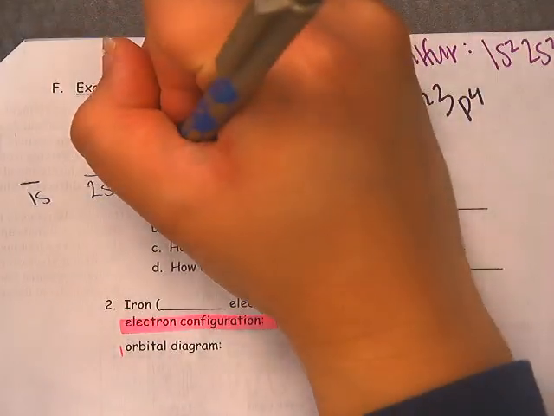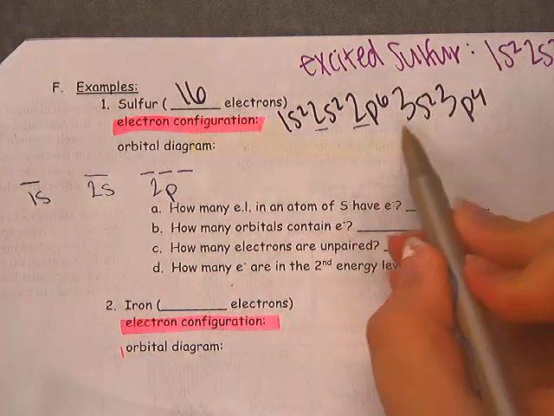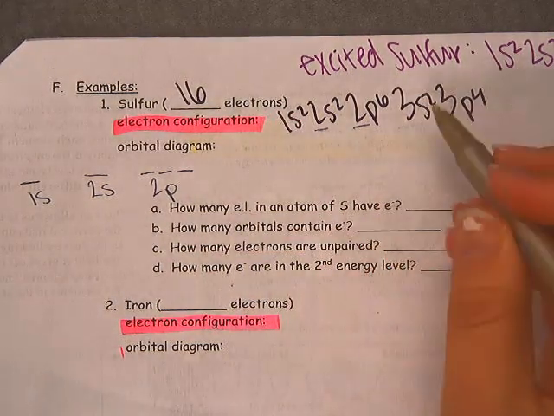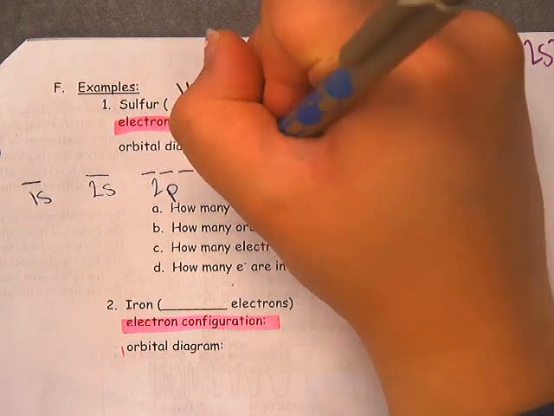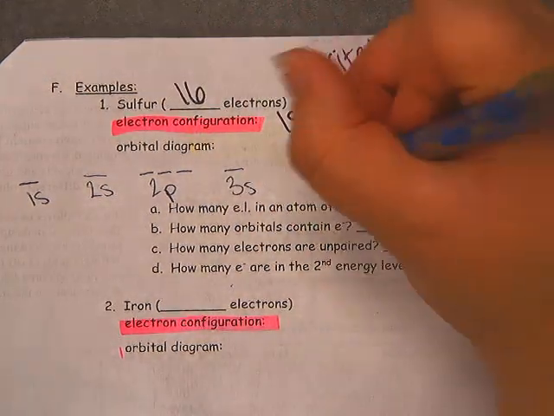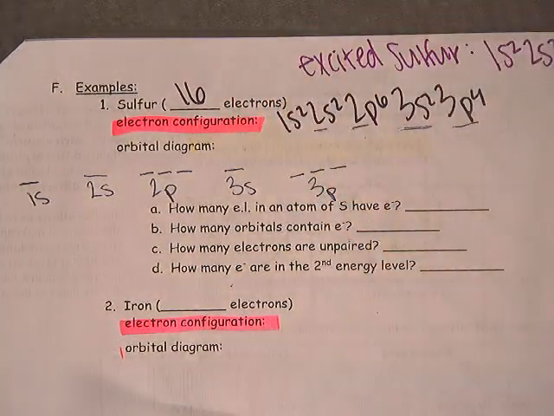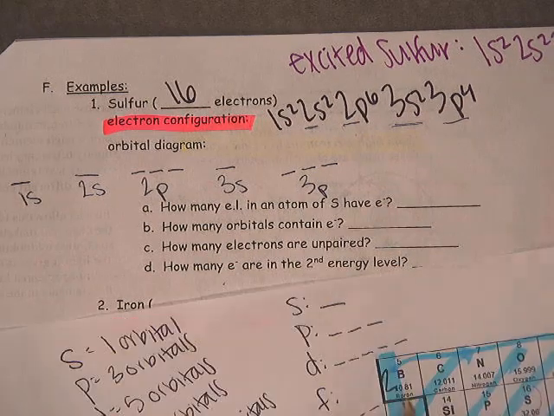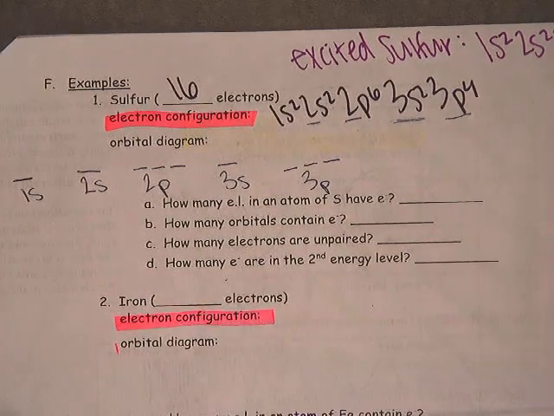Okay, so 2p, 1, 2, 3. And then I go to 3s. Since it's S, how many lines do I need? 1. And then 3p, 1, 2, 3. So it's only the letter that dictates how many orbitals or how many lines you're drawing for your orbital diagram.